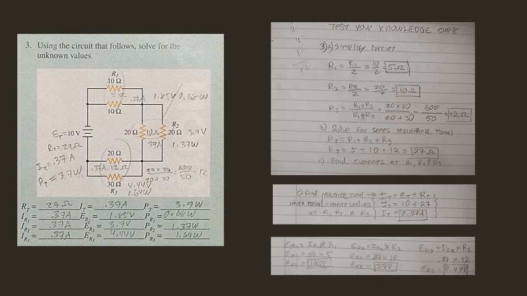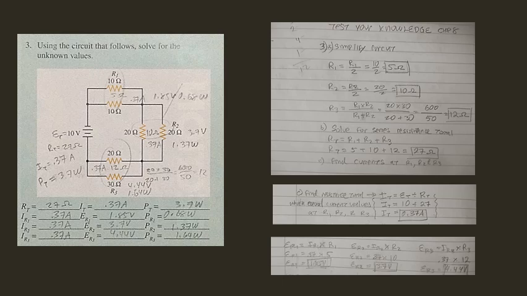So we take our current total to find each resistor's voltage drop. Since we know in a series circuit current is equal at each resistor location, we use that across all of our now simplified resistors.